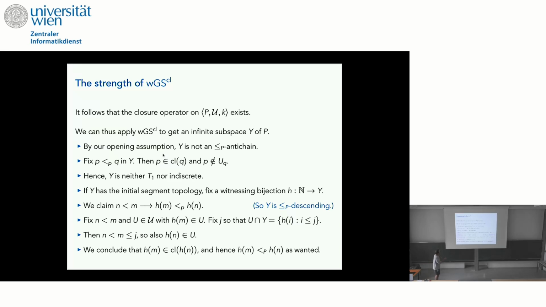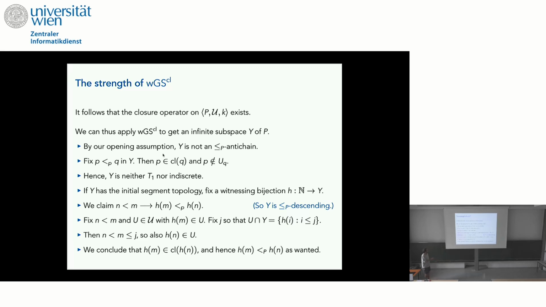Okay, so let's suppose it's the initial segment topology. The final segment topology is exactly symmetric. Remember, that means we have this bijection H, which tells us that the basic open sets intersected with the subspace are exactly the images under H of the actual initial intervals in omega.